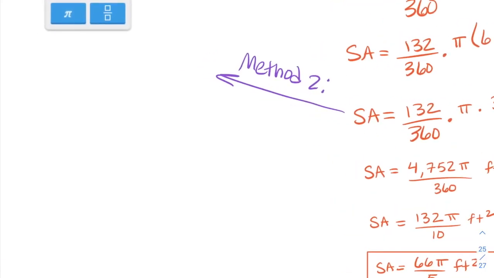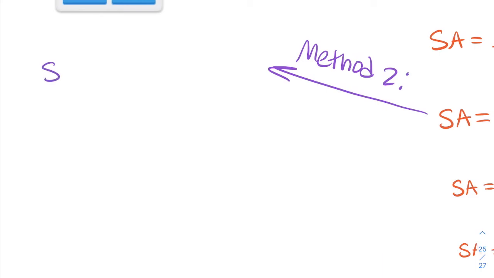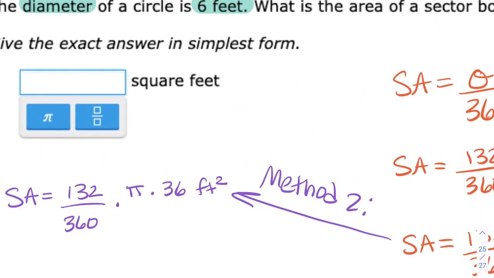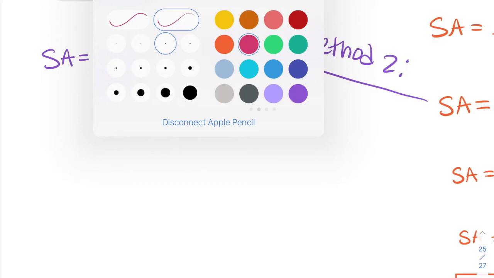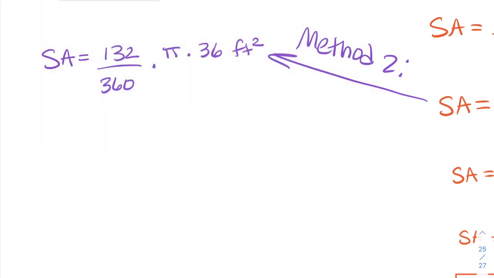So method 2, I have sector area was 132 over 360 times pi times 36 feet squared. So what I would have done was, this probably would have been the easiest.